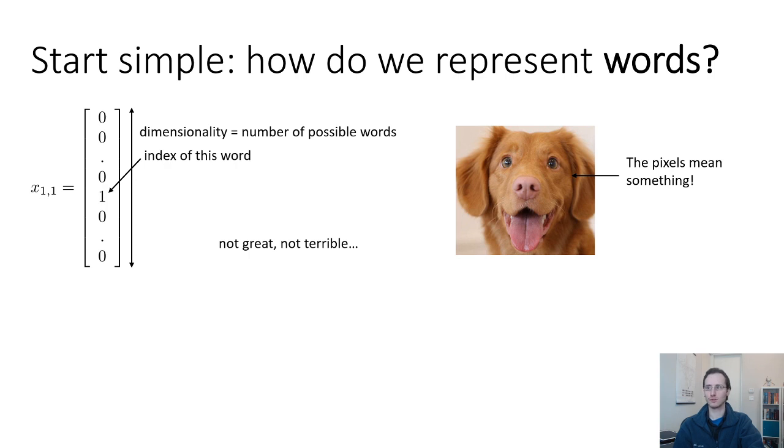So a filter on a convnet looks at nearby pixels because the meaning of nearby pixels is likely to be similar. The information contained in pixels is not much. They're not a great metric space if you just subtract two images and take the norm, that doesn't really give you a great measure of image similarity. But locally, it does mean something, whereas these one-hot vectors really mean nothing independently of the dictionary from which they were constructed.